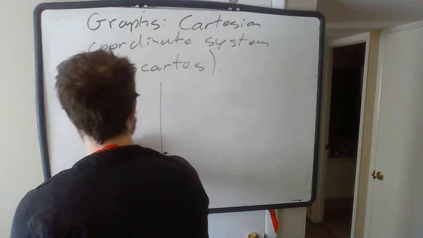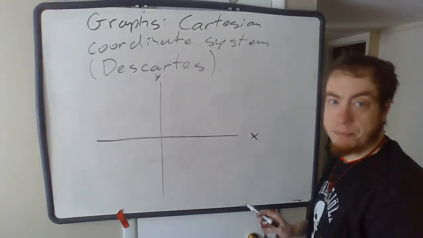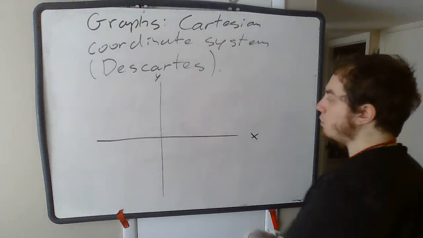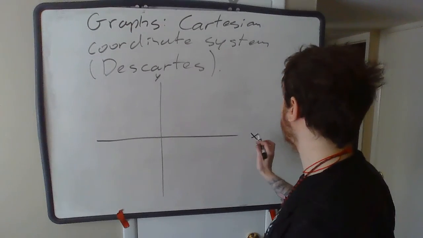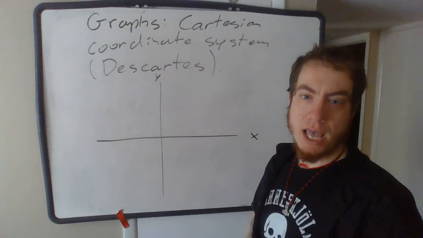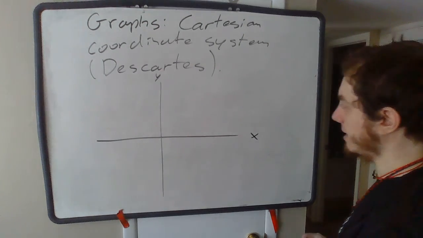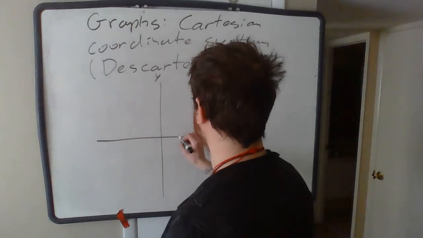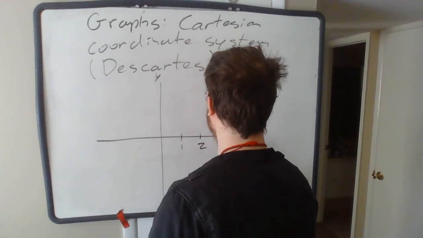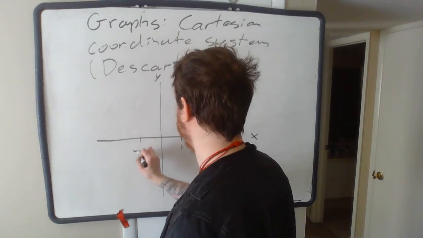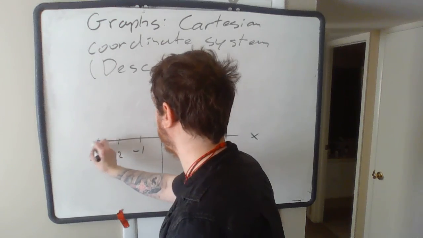Take the plane, so the ordinary plane in which you would draw shapes, and put two perpendicular lines in it. We're going to label these two lines X and Y. And each of these lines we're going to think of as a number line. So the X number line is going to count upwards as we go to the right: 1, 2, 3 to the right, and then -1, -2, -3 to the left.